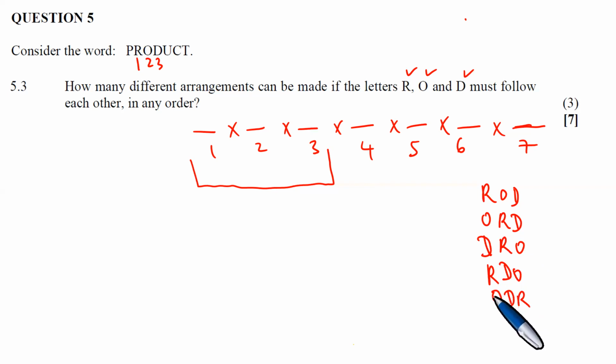But obviously we can't always write all these because we are interested in time. So if you arrange the 3 letters, they can be arranged in 3 factorial ways. So if you look at the ROD, in the first place you need to choose either R, O, or D. So you have 3 choices to make.